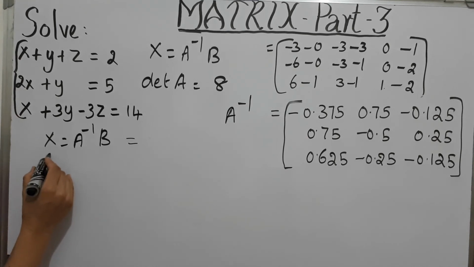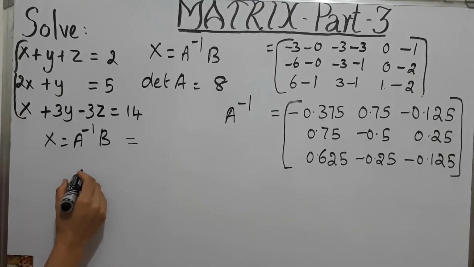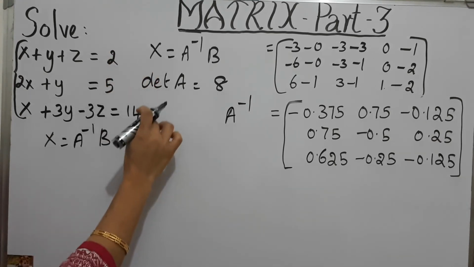To find the value of x, you have to multiply A inverse by B, which means you have to multiply this with the constant terms, which are 2, 5 and 14.